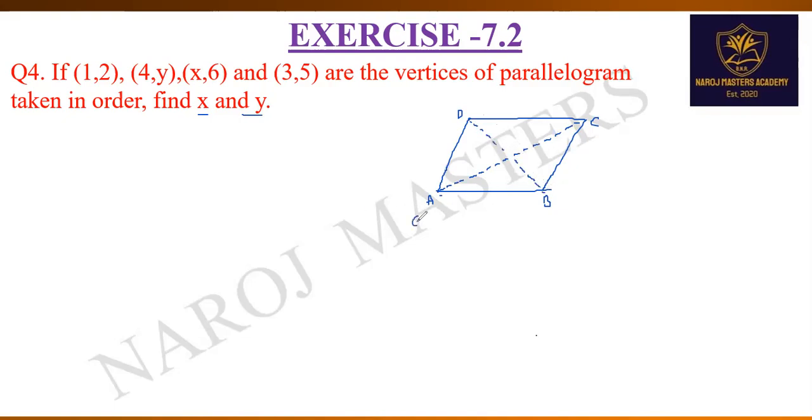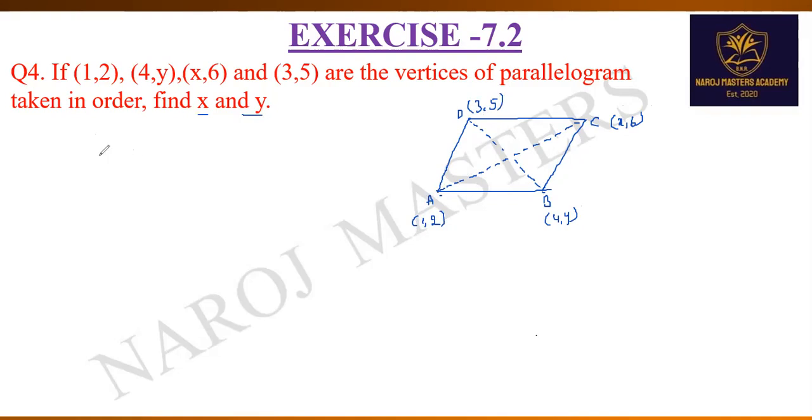So this is x1, y1, that is (1, 2), next x2, y2, that is (4, y), and x3, y3, that is (x, 6), x4, y4, that is (3, 5). So equate the midpoints of the diagonals, B and D equal to A and C. Okay? So then find the values, equate AC is equal to BD.